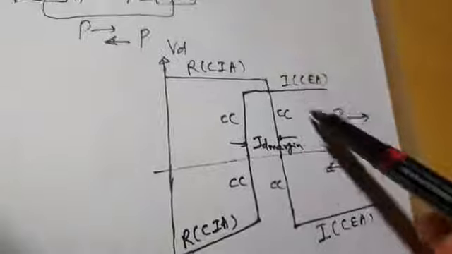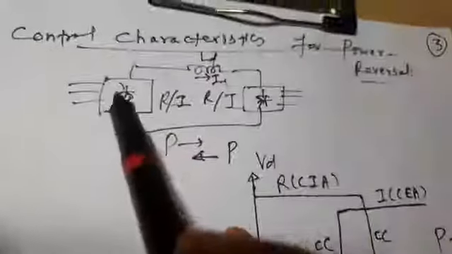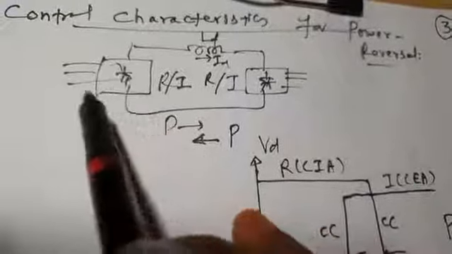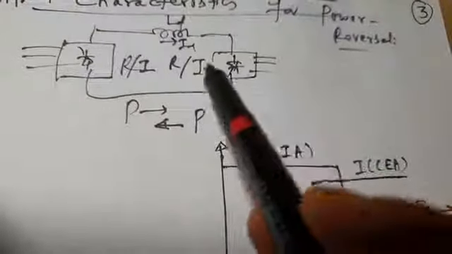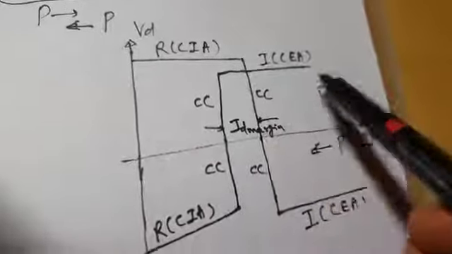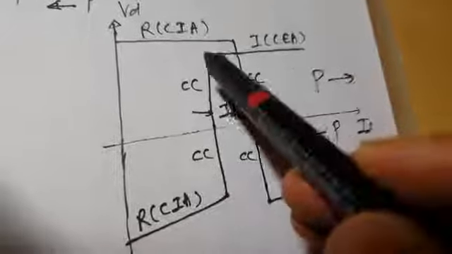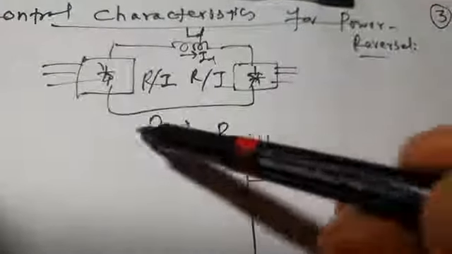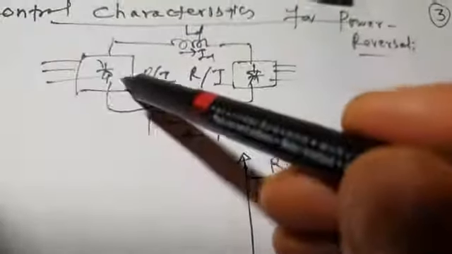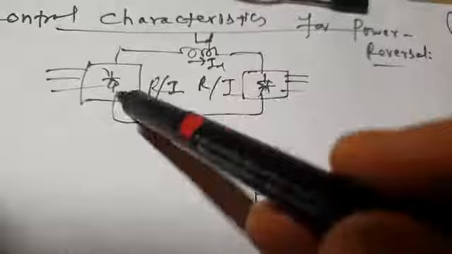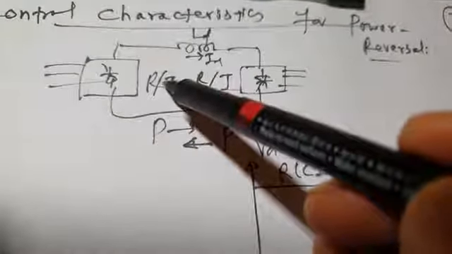So if power is flowing from this station to this station, this converter behaves as a rectifier and this converter behaves as an inverter. The rectifier characteristic is CIA and CC, and the inverter characteristic is CEA and CC. When the direction of power flow reverses, power now flows from this converting station to this converting station, and this converter will behave in the rectification mode and this converter in the inversion mode.